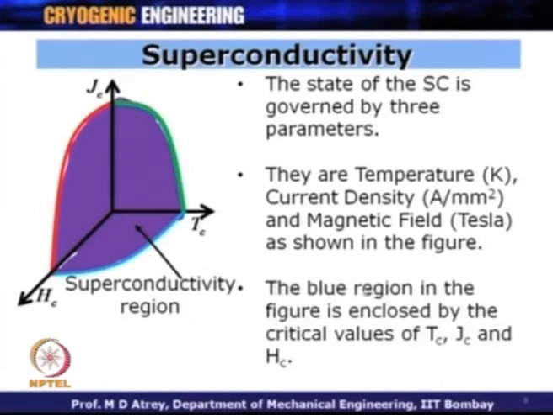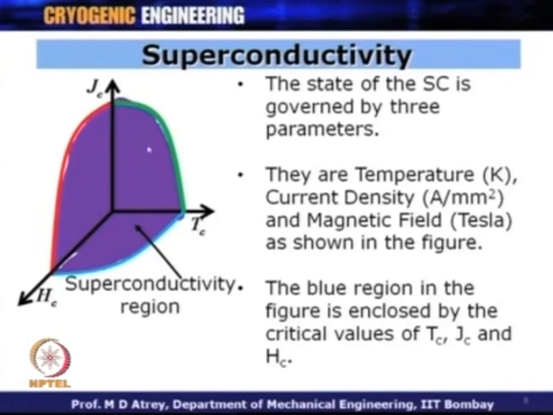So, here the blue region in the figure is enclosed by Tc, Jc, and Hc. If I say that Jc is equal to 0, Hc is equal to 0, that means the material temperature has to be less than Tc in order that it remains in a superconducting state. So, one has to go on lowering the temperature so that the material becomes a superconducting material.